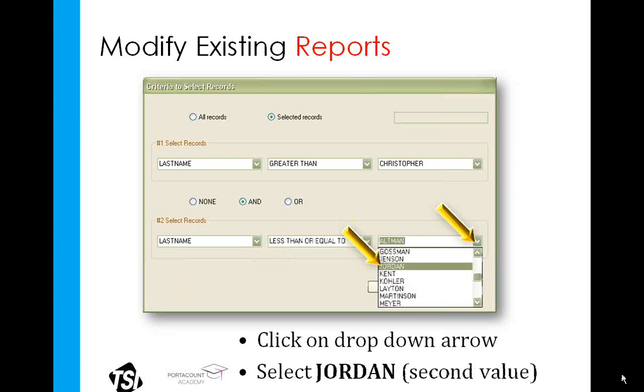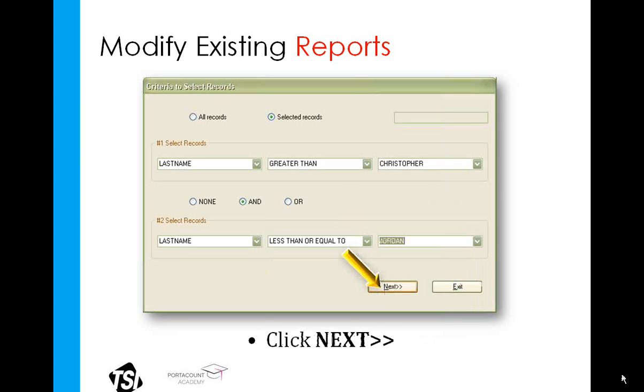And I will choose the name Jordan, as this is the last J name that is listed. And because I chose or equal to, Jordan will appear in the report. So we can now read the statement as this report will contain those records with the people whose last name are greater than C or Christopher and a last name less than or equal to J or Jordan.